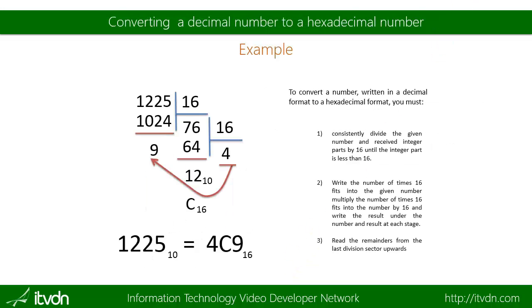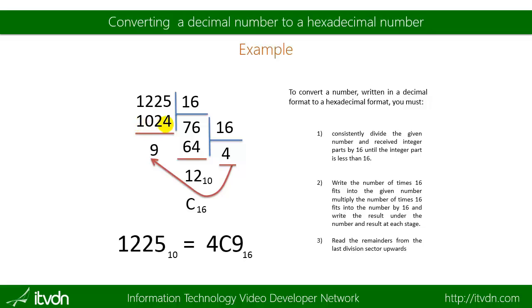The next conversion type on our list is converting a decimal number to a hexadecimal number. Now, remember that a hexadecimal number is a number that is in base 16. So, what we do is we consistently divide our given number by 16 until we get a result which is less than 16.